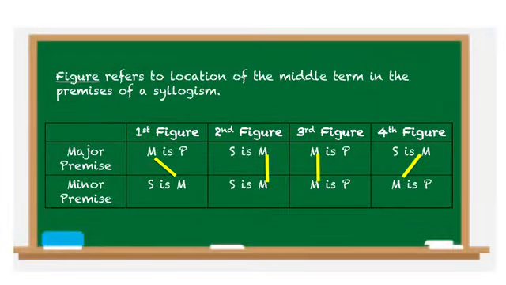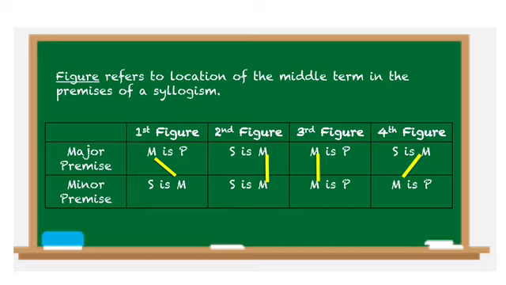Now, figure refers to the location of the middle term in the premises of the syllogism. Okay, so just as mood referred to the arrangement of the types of propositions, A, E, I, O, figure refers to where the middle term is. All right, so first figure, the middle term is the subject of the major premise and the predicate of the minor.